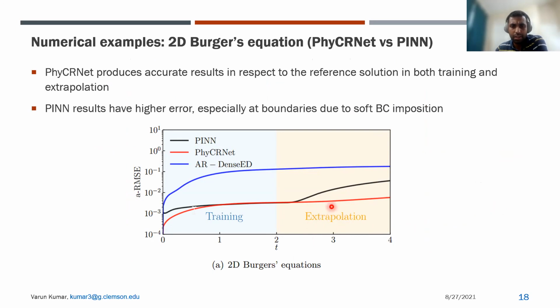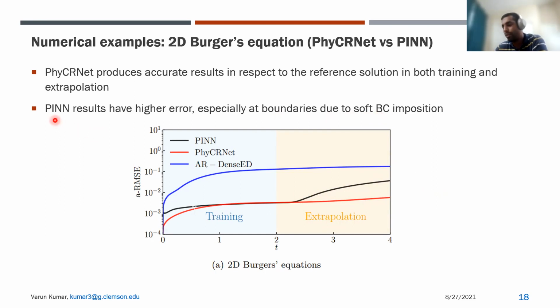And based on this error graph, you can see that there is no increase in the error propagation of PhyCRNet during the extrapolation phase, whereas the magnitude of error for PINNs is higher during extrapolation. And one of the reasons for this, as the authors have claimed, may be because of the soft boundary condition imposition in the PINN.